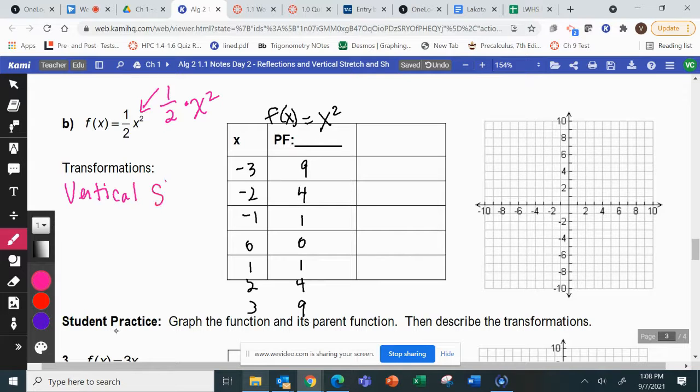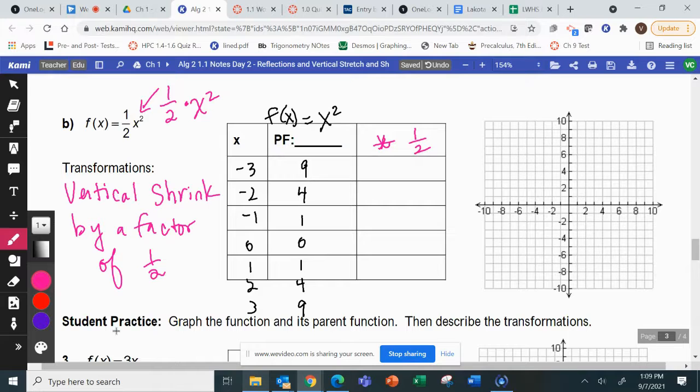It is a shrink because 1/2 makes something get smaller. Vertical shrink by a factor of 1/2. So by a factor of means I multiply by a half. So I'll take all my y values, multiply by half.